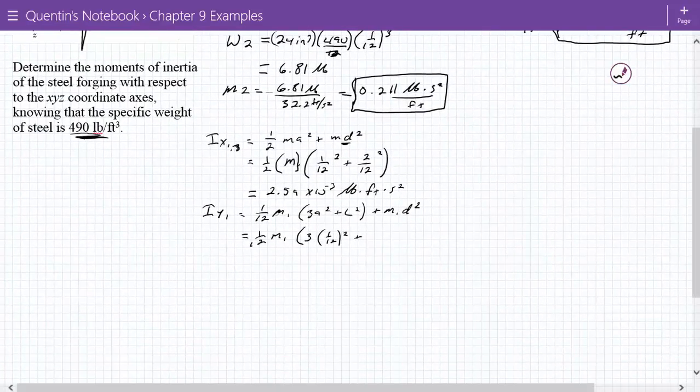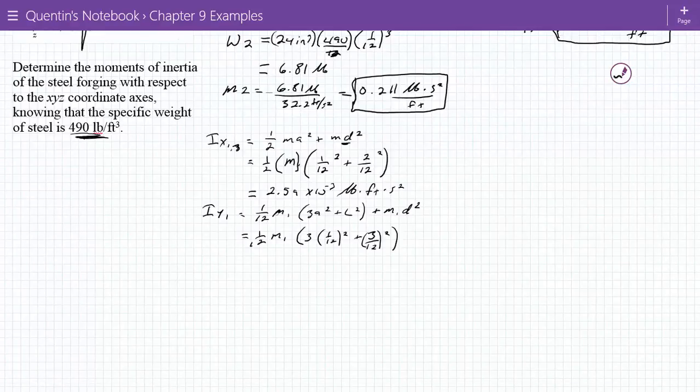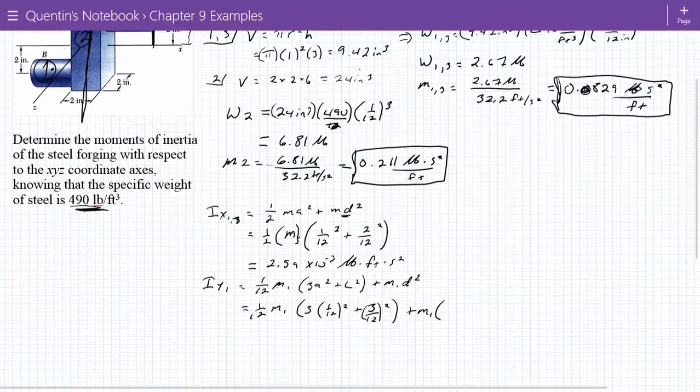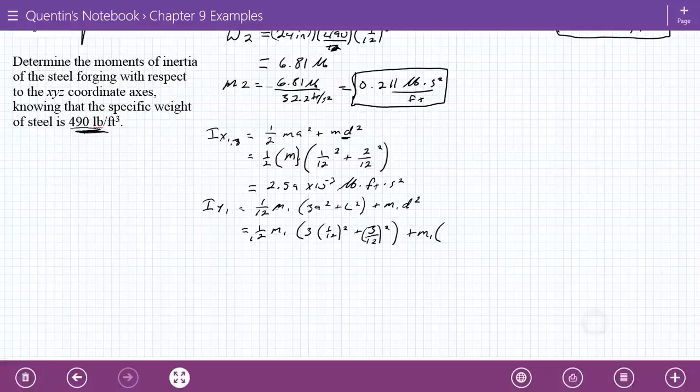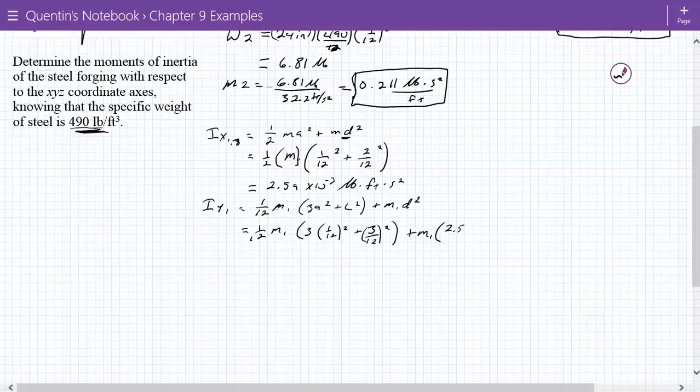So 3/12 squared, right? Plus m1 times, and then here we want to go the distance from there to there, so that is 2.5 inches. Again, we got to put over 12 squared.